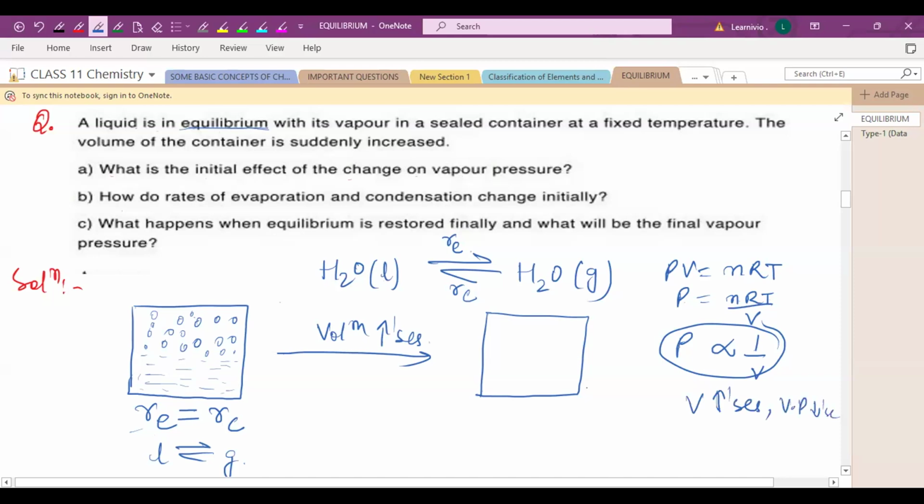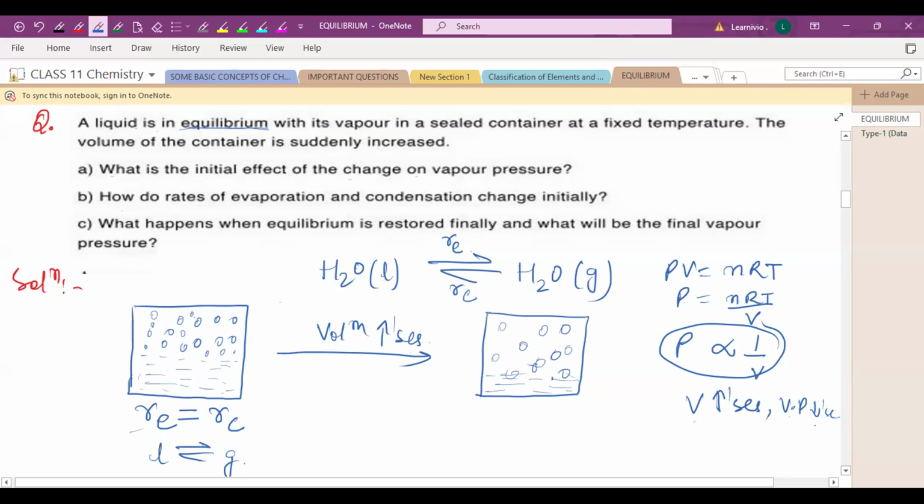Vapor pressure will decrease, because according to the ideal gas equation, pressure has an inverse relationship with the volume. So if the volume increases, according to the question, the vapor pressure will decrease.